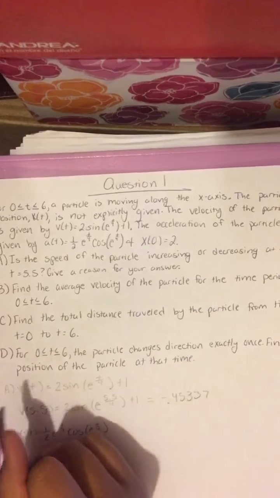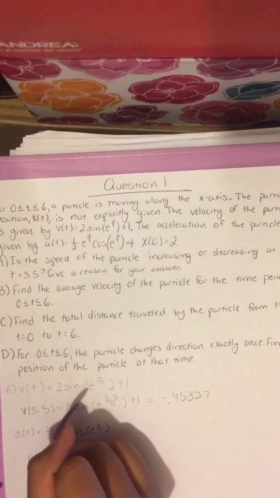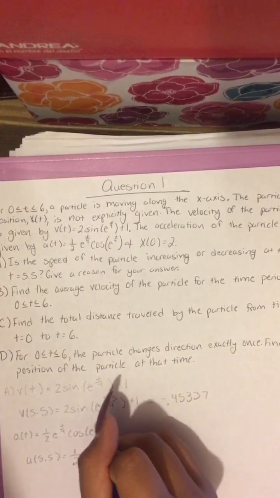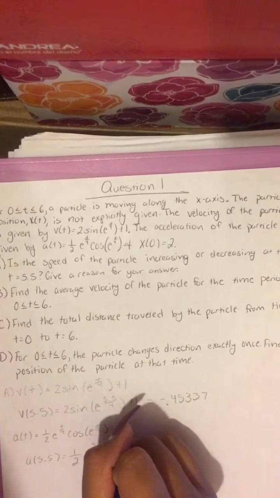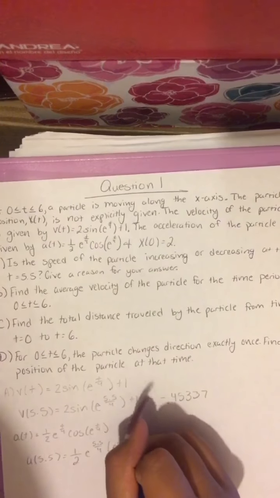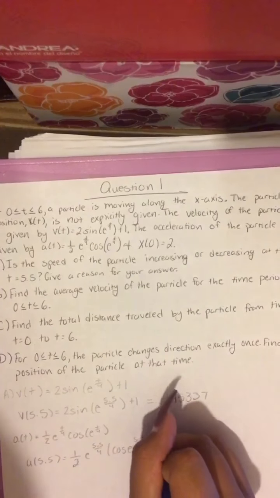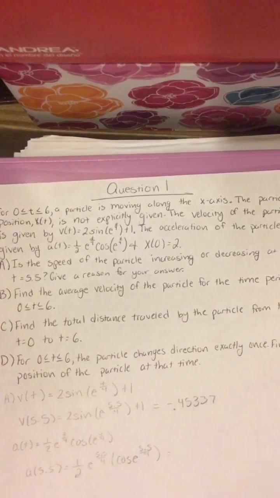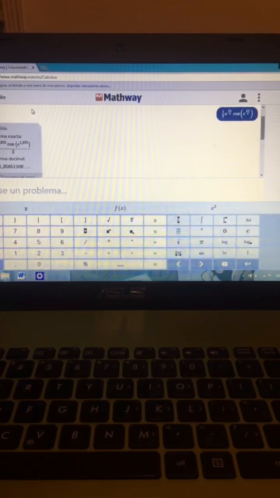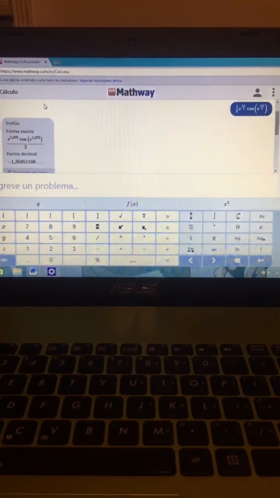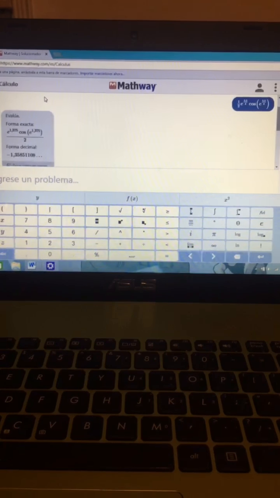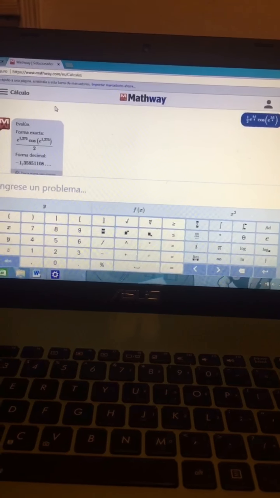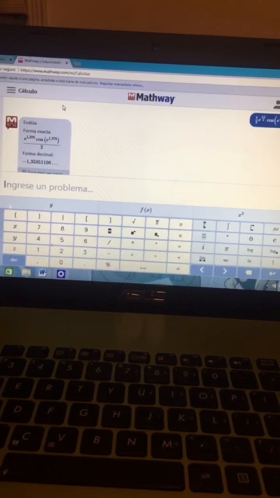When we plug in 5.5, it will be a(5.5) = (1/2) e^(5.5/4) cos(e^(5.5/4)). Since it's a calculator problem, we could just plug it in. Once plugged into the calculator, you will see that we get negative 1.35851, which is the acceleration at 5.5.